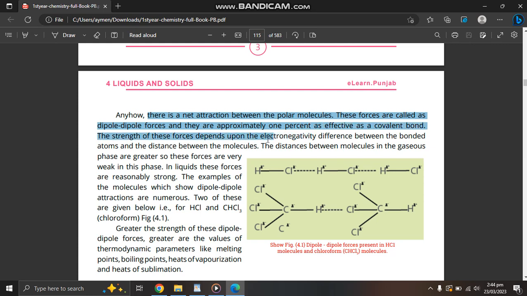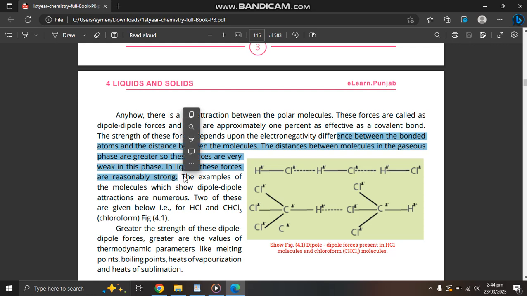These forces are called dipole-dipole forces, and they are approximately one percent as effective as the covalent bond. The strength of these forces depends upon the electronegativity difference between the bonded atoms and the distance between the molecules. The distance between molecules in the gaseous phase is greater, so these forces are very weak in this phase. In liquids, these forces are reasonably strong.